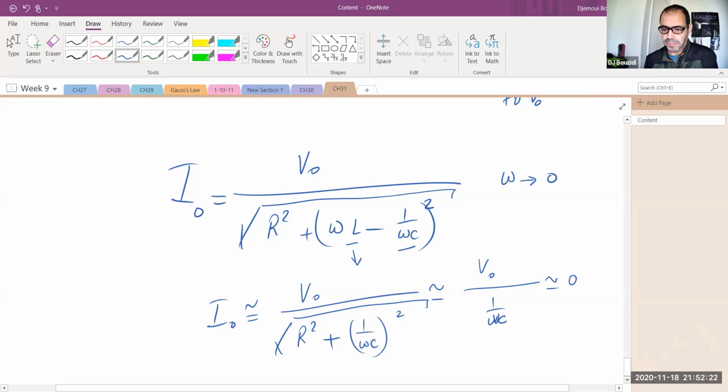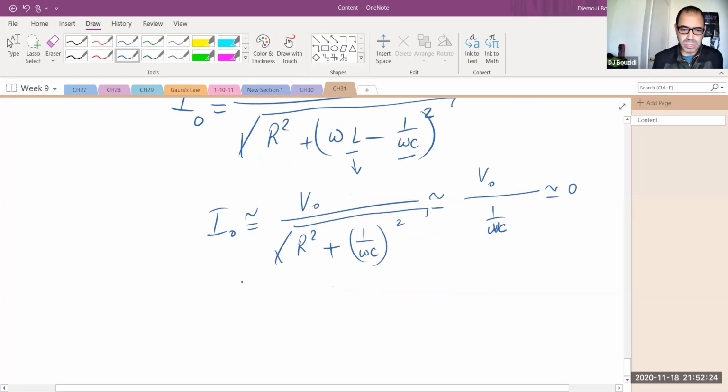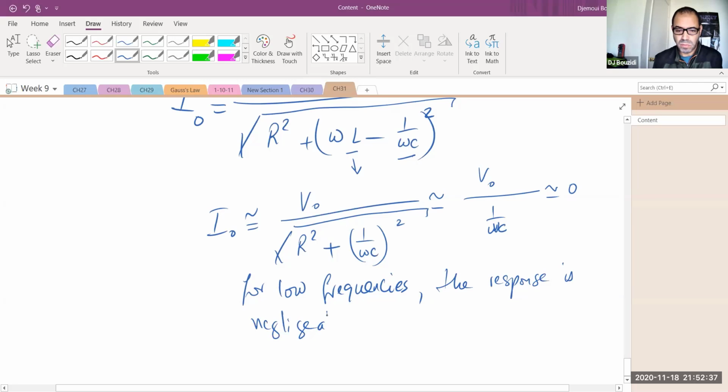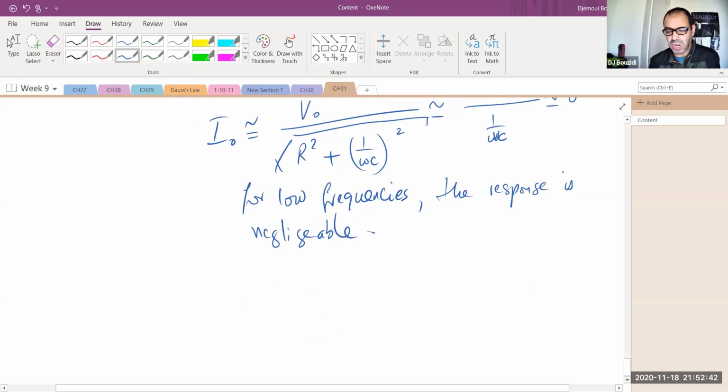For low frequencies, the response is negligible. How about high frequencies? How about when omega goes to infinity? So let me rewrite the expression again.